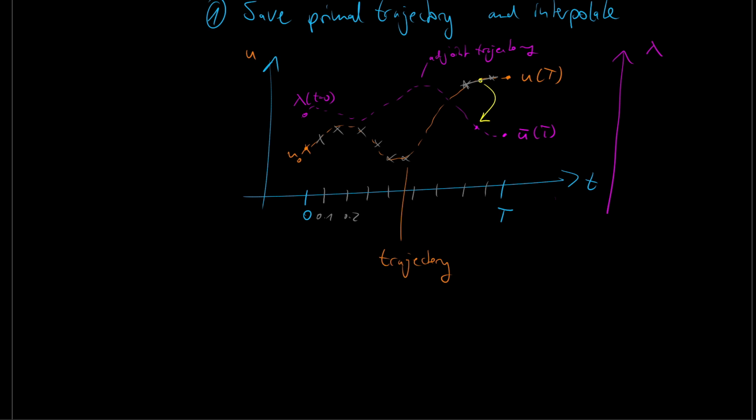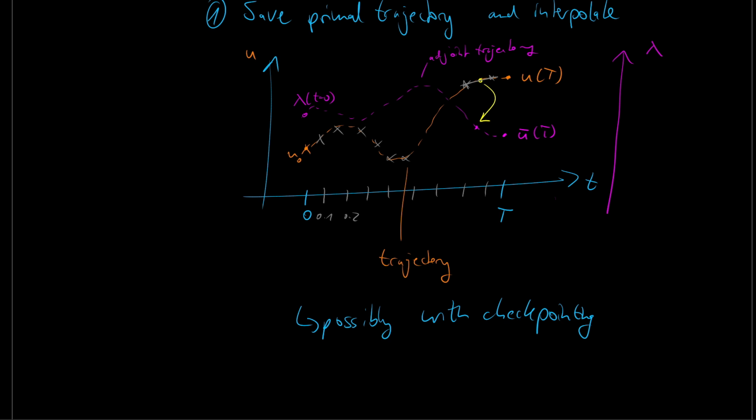So for instance, our adjoint time stepper might require the dynamics being evaluated at points where we did not save the values from the primal pass. So this is the first approach: save the primal trajectory and interpolate. And we could also do this possibly with checkpointing.